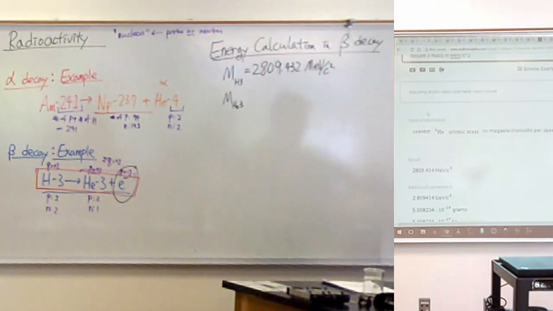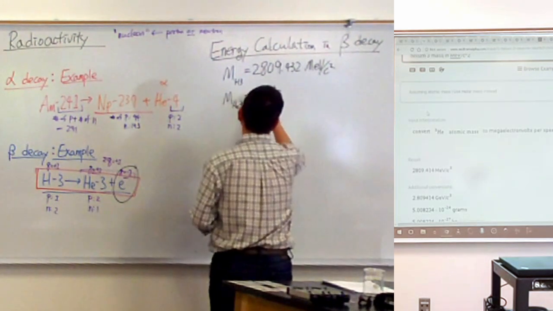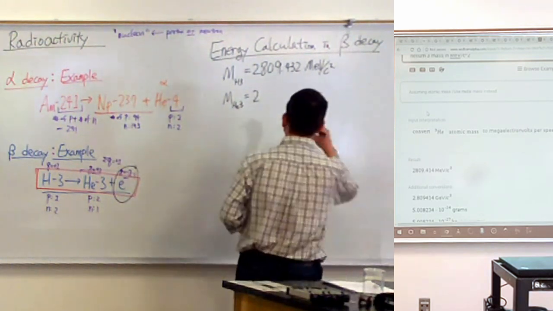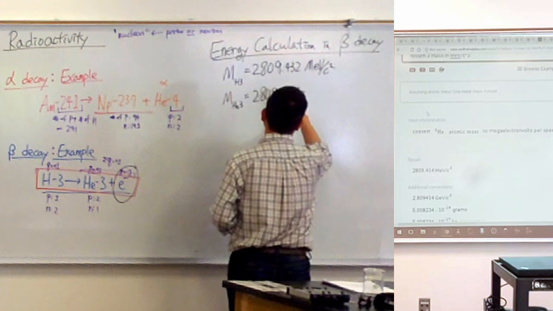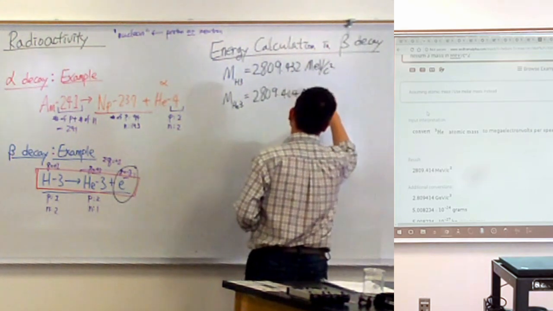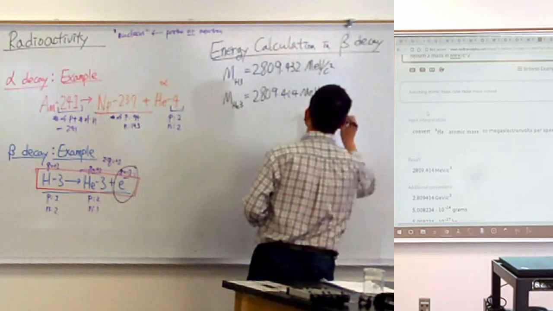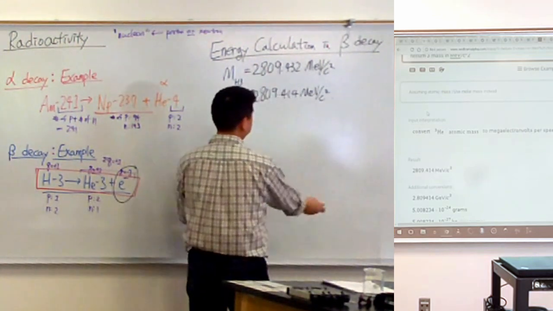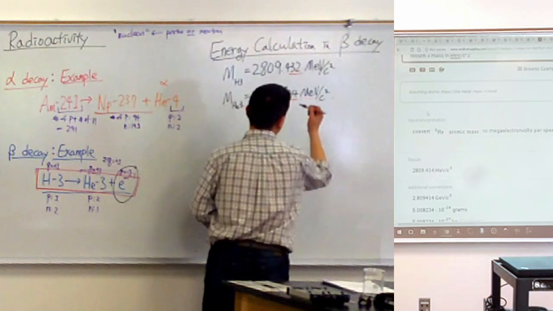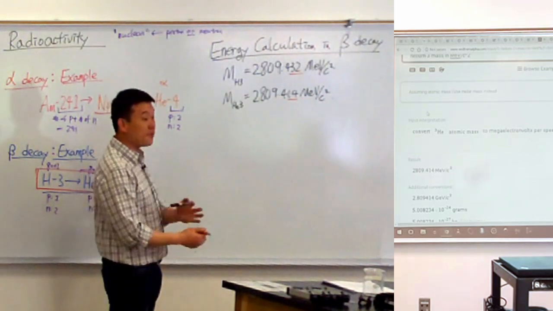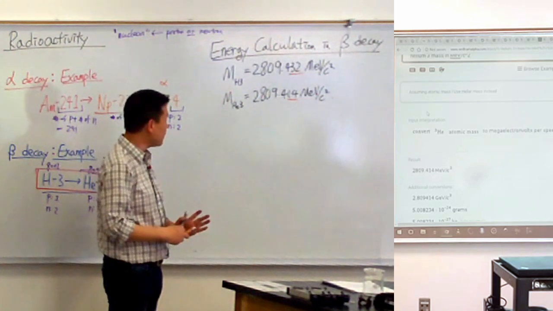So the mass of helium-3 is, okay, I'm going to write it down and I will explain one thing. 2809.414 MeV per c squared. You see the small difference here, right? Very tiny difference in mass. And that's where the energy released in the decay is coming from.